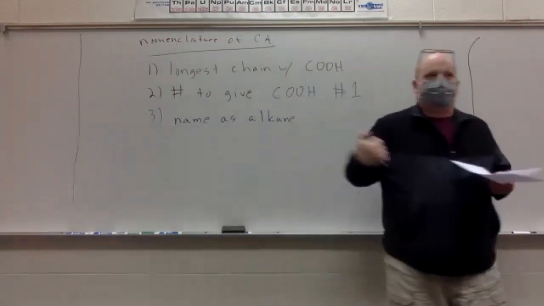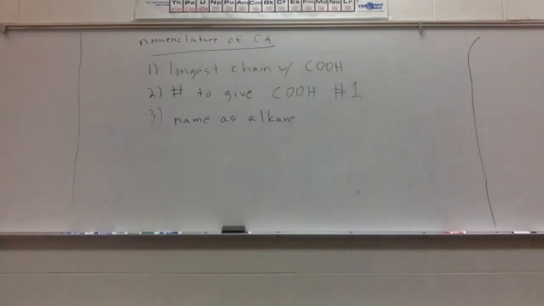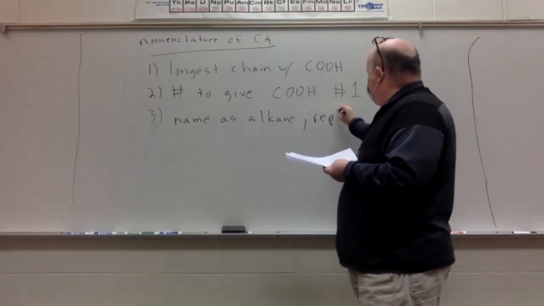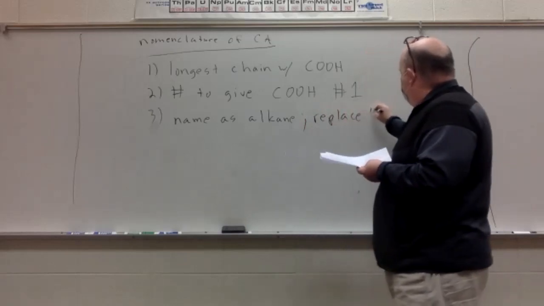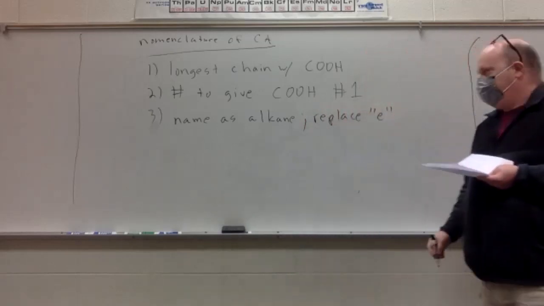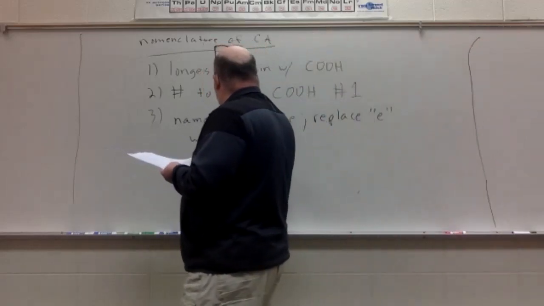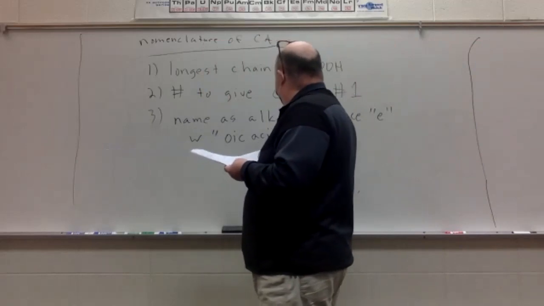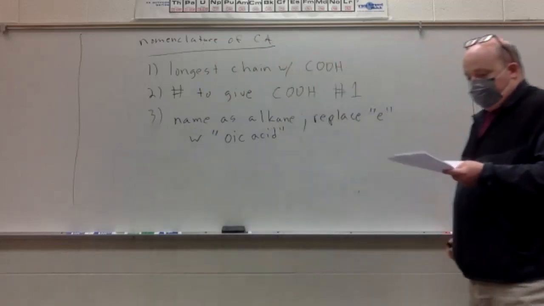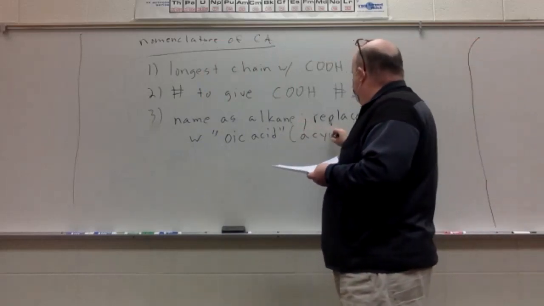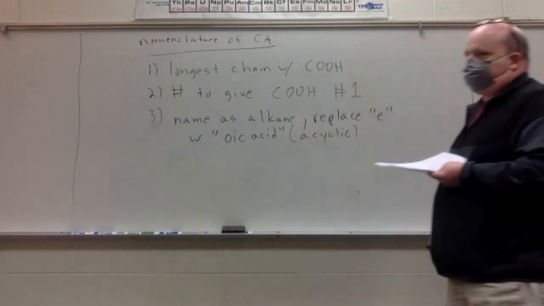If your parent chain is 6 carbons, you name it as hexane, except you replace the E with oic acid. And this is for acyclic acids.